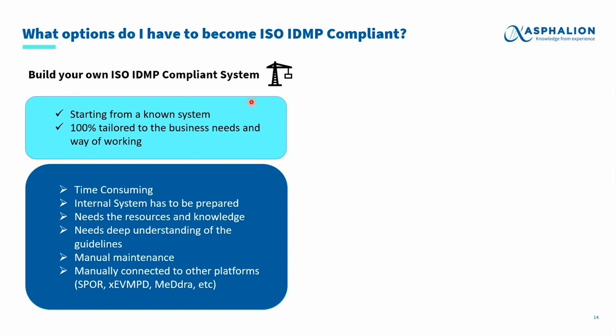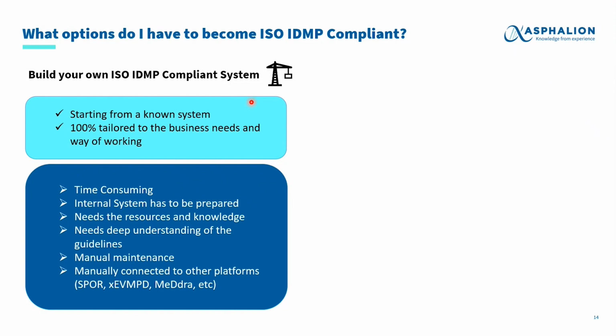Then there need to be the technical resources and the technical knowledge to build this system, as well as a deep understanding of the guidelines and the ISO IDMP data model. Otherwise, if you don't have both of these resources, building this can be quite challenging.